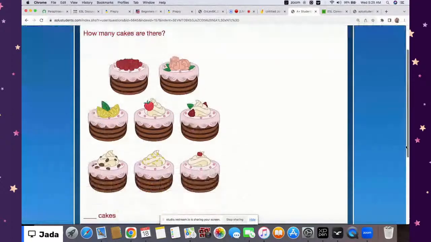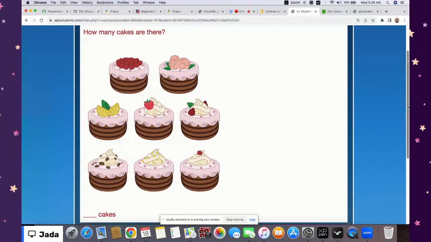How many cakes do we have here? So we have one, two, three, four, five, six, seven, eight.